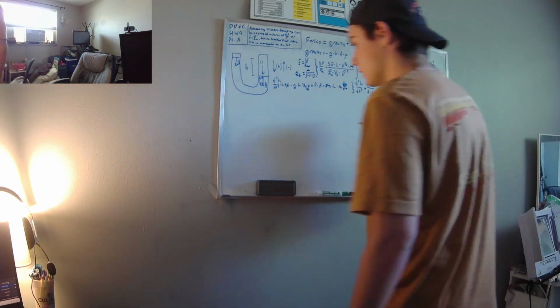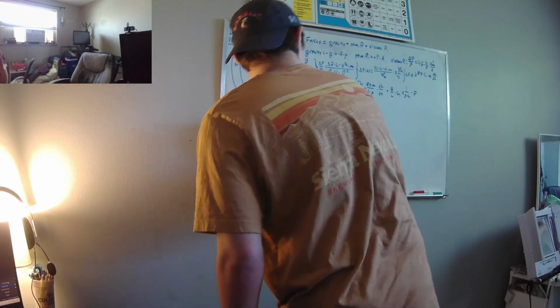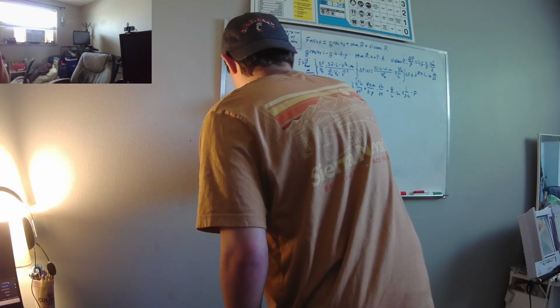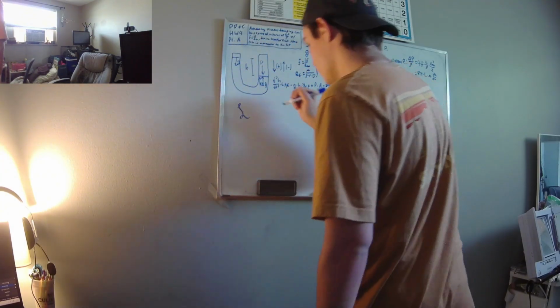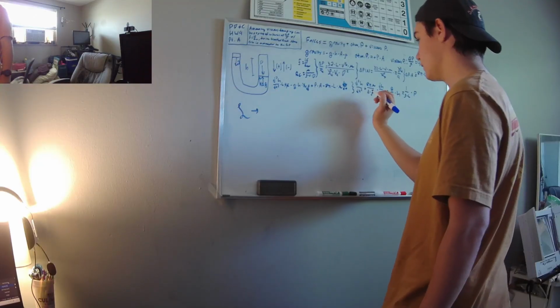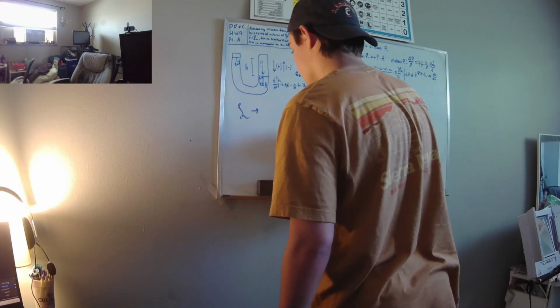So taking our Laplace transform of this function, we've got d squared h over dt squared.